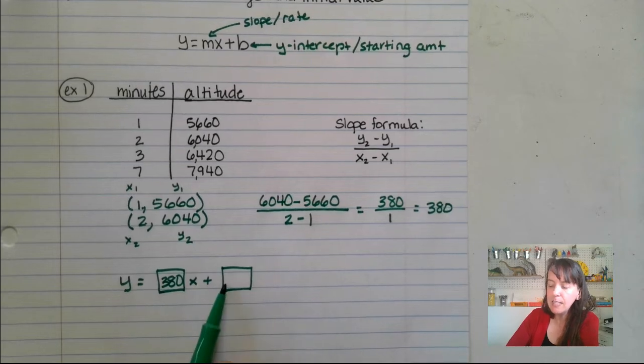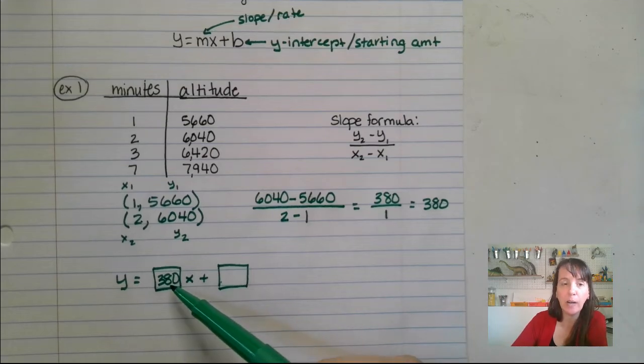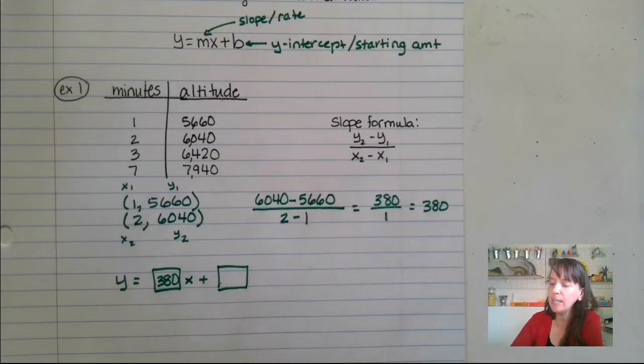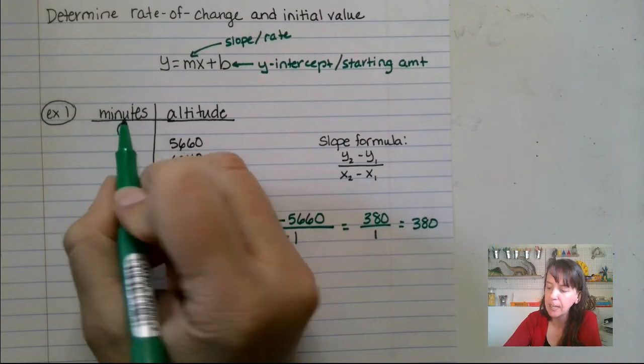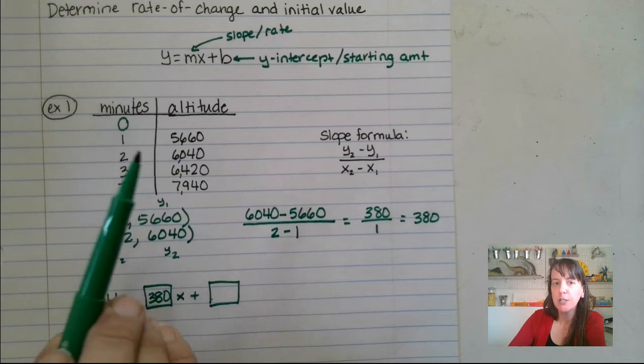Now, finding your y-intercept, this is also called your starting amount. What you can do is take this change, this rate, and we're going to subtract it until we get to 0 for our x. This guy right here is always when your x equals 0. So let's come back up here.